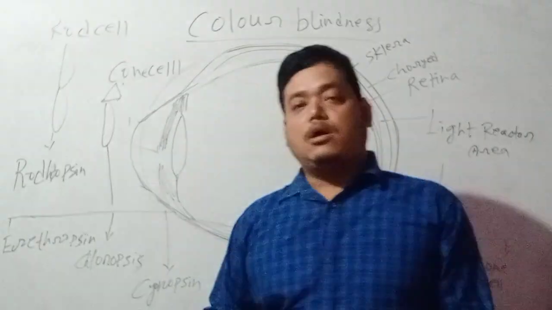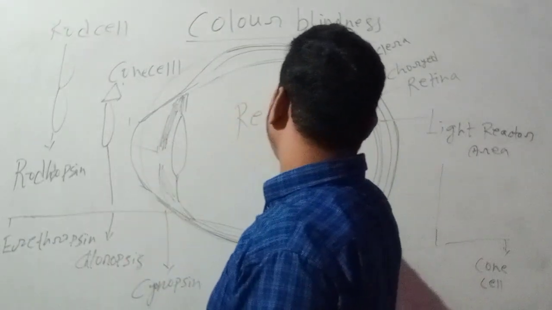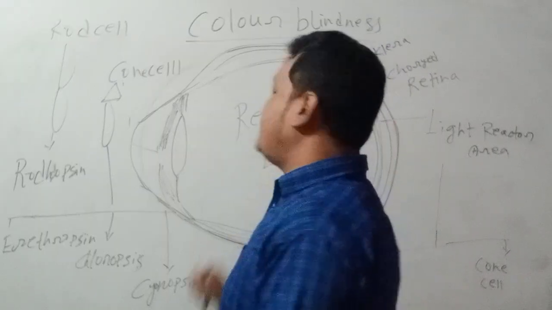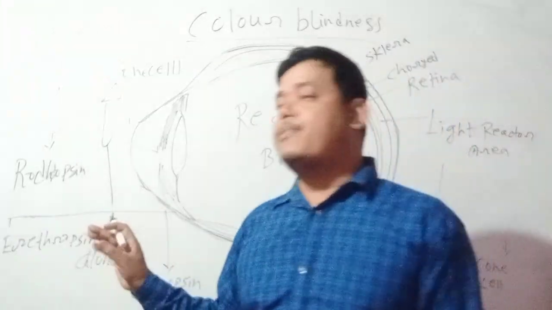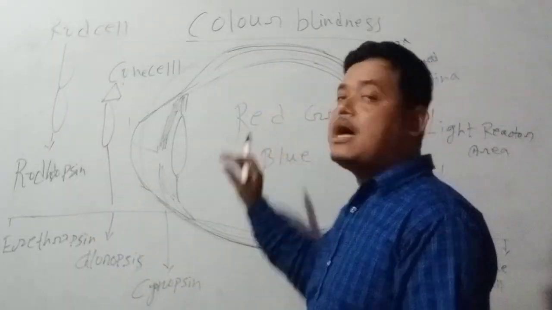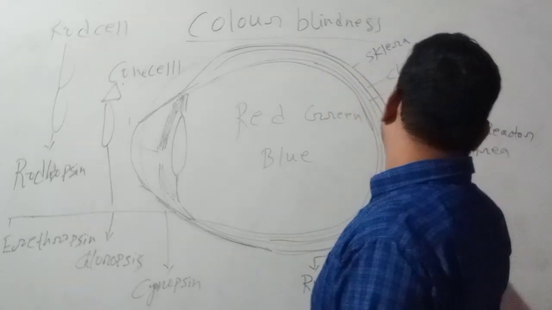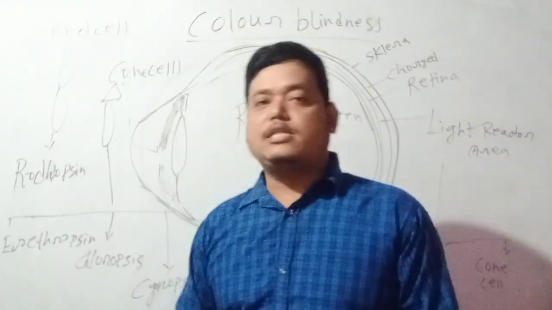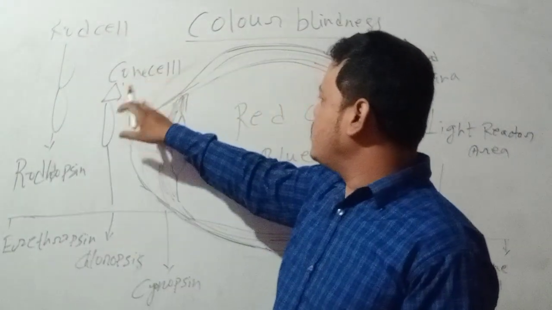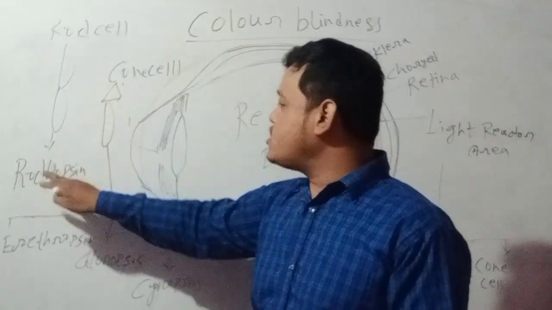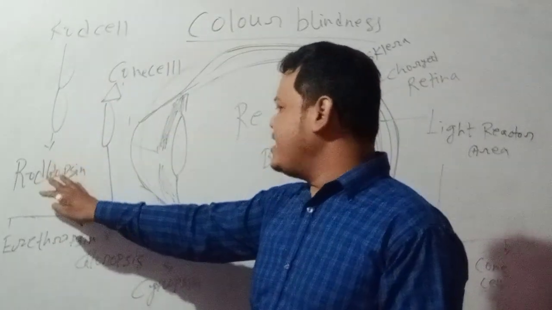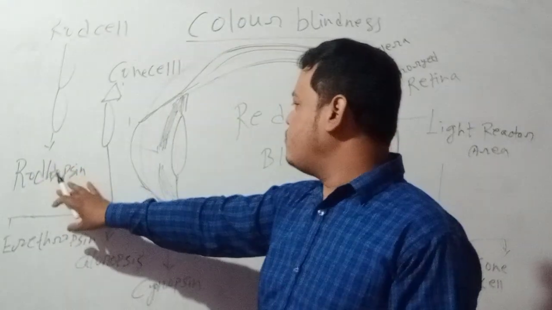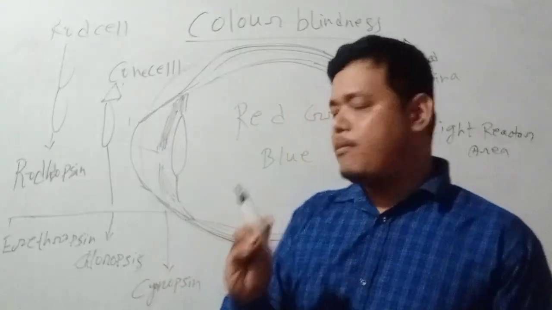We know that red, green and blue are the main colors. They are called the primary colors, and with the help of these colors, the other colors are made. The cone cells in the retina remain active in the daytime, and rod cells become active at night or evening time, when there is very little light.